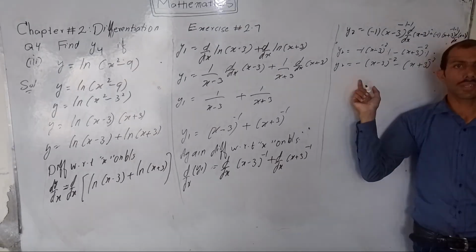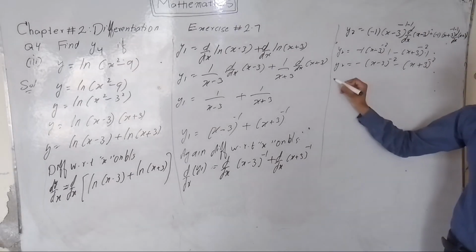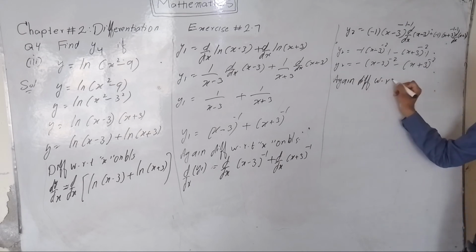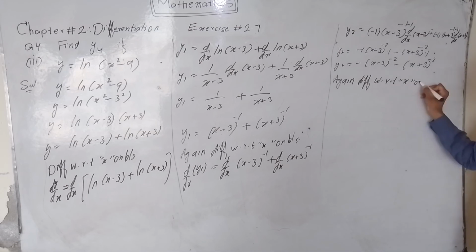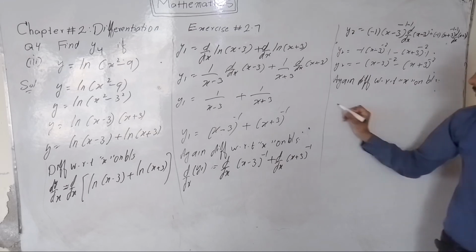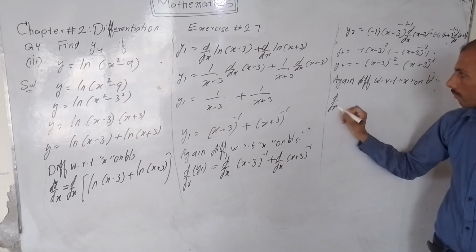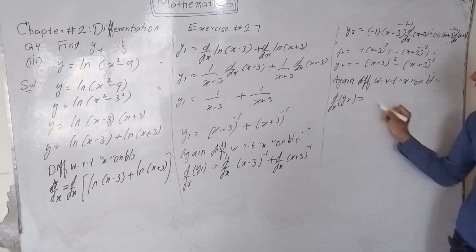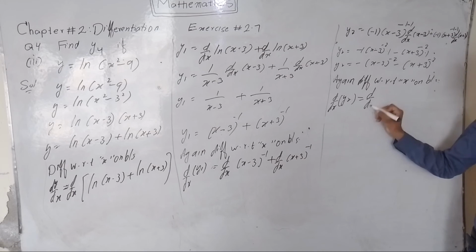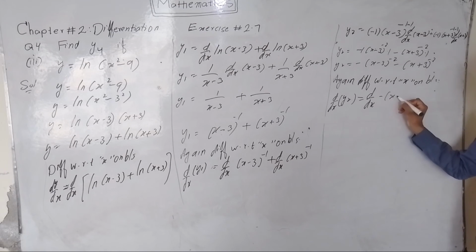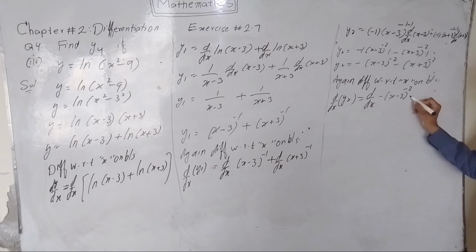Again differentiate with respect to x on both sides. Derivative of y2 is equal to derivative of minus (x minus 3) whole power minus 2 minus derivative of (x plus 3) whole power minus 2.